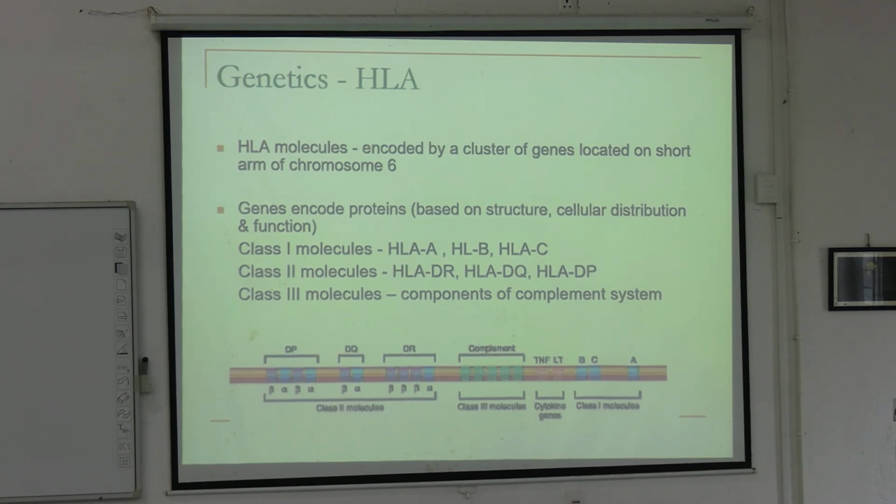The class 1 molecules encode for 3 genes, that is HLA-A, B and C. The class 2 molecules encode for a region called HLA-D, which again has 3 subregions, HLA-DR, DQ and DP. And class 3 molecules are components of the complement system. So that will be dealt with later, okay.